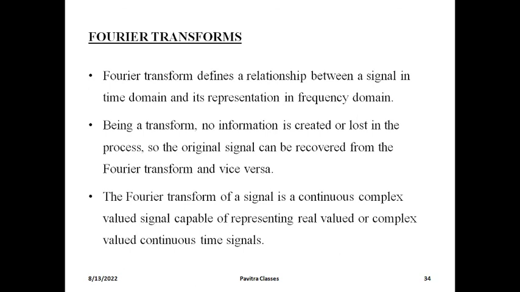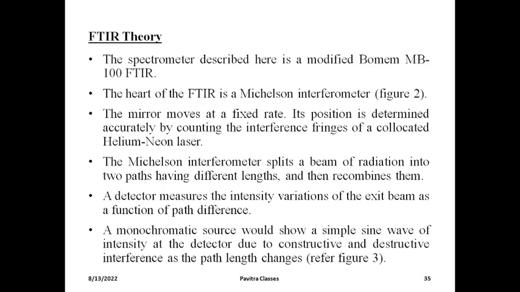So it gives the relationship between the signal and the time domain. The data will not be lost in the Fourier transform machine. The Fourier transform of a continuous complex-valued signal, for complex molecules also, gives continuous signals. So the FTIR theory, usually a Bomem MB 100 FTIR, describes modern instruments.